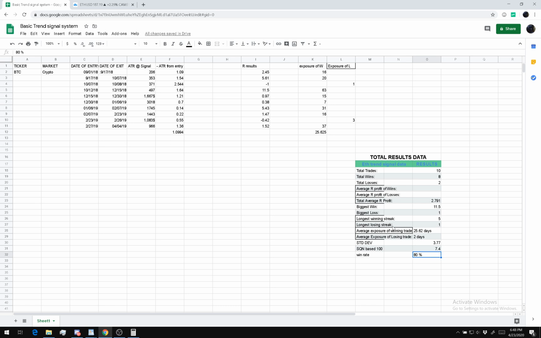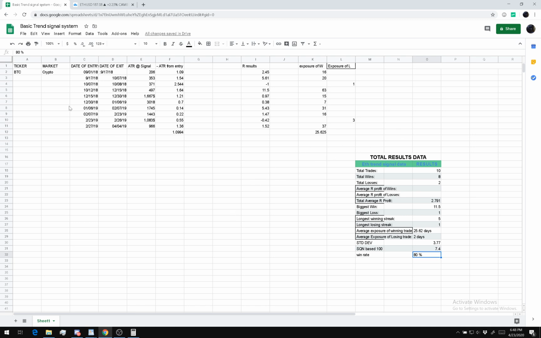Now, for this data to mean anything, you need a sample of at least 100 trades. And this is why I enjoy the ATR way of doing things, because it allows me to take this same system and apply it to all the Forex pairs, to commodities, to stocks, to crypto.